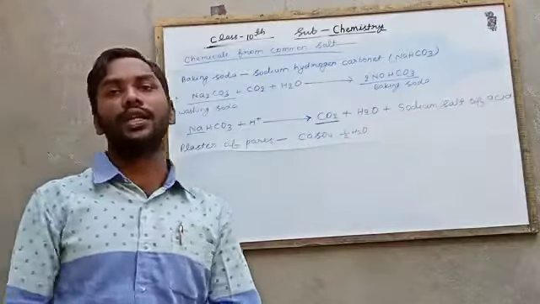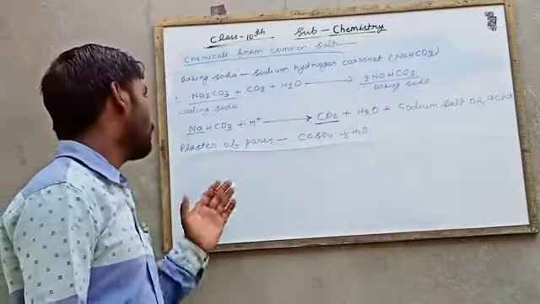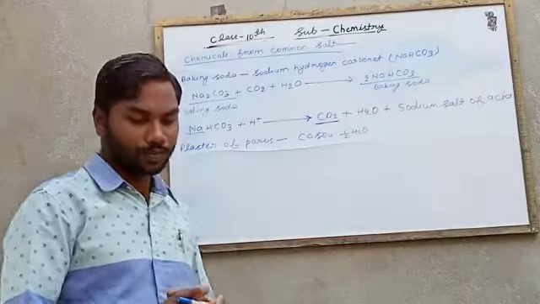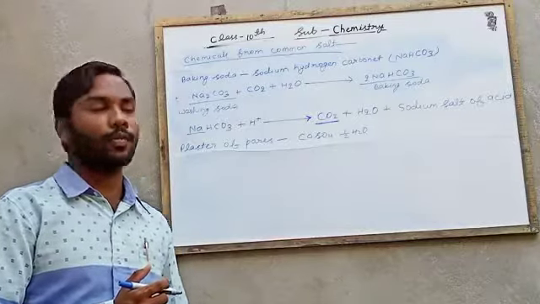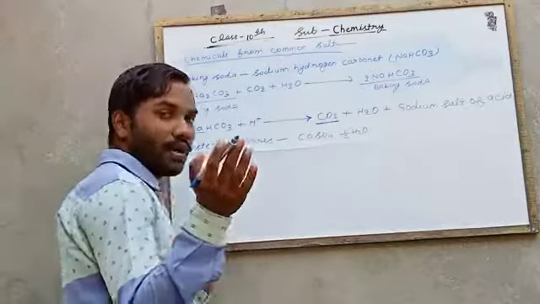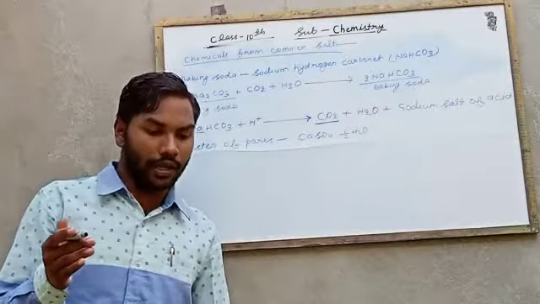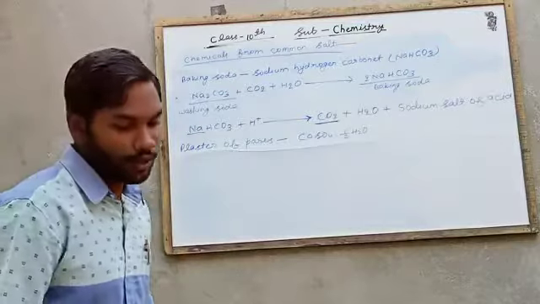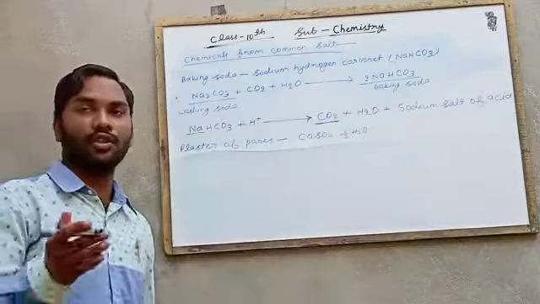The chemical name of plaster of Paris is calcium sulfate hemihydrate. On heating gypsum, it loses water, and the calcium sulfate forms calcium sulfate hemihydrate, or plaster of Paris.